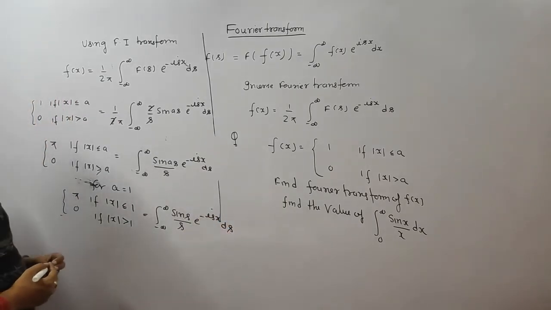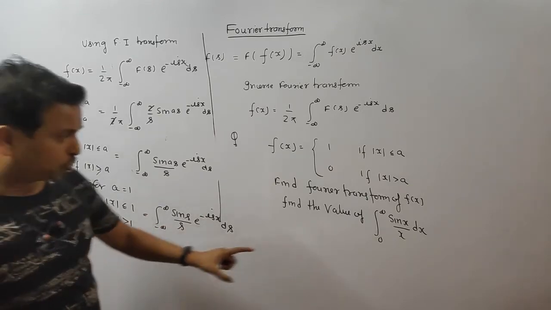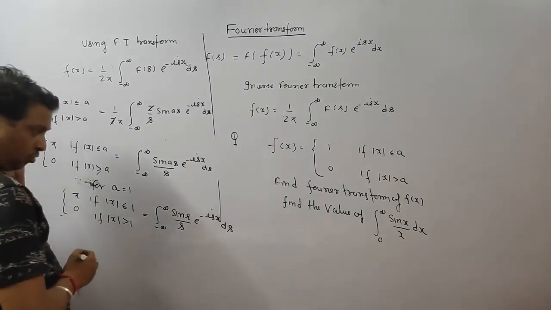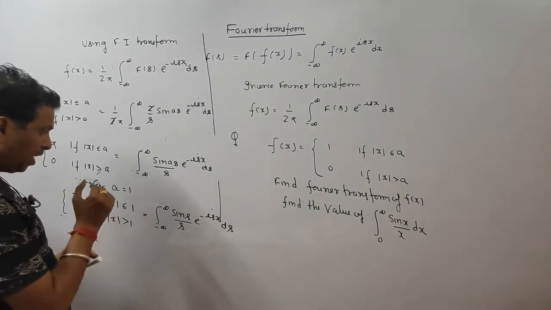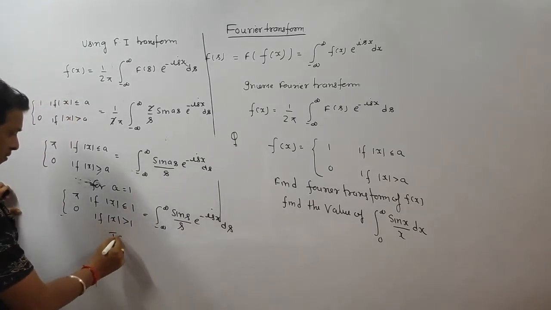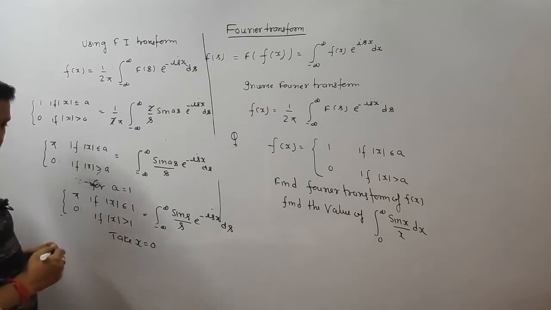Now friends, what is required? We require the integral from 0 to infinity of sin x by x dx. So what value of x will we choose? Take x value 0. Then what happens?